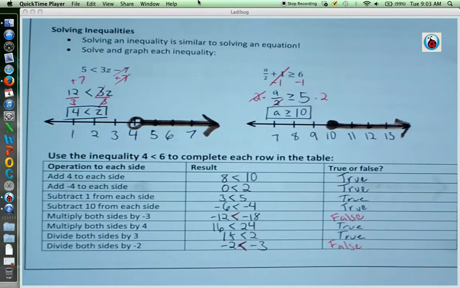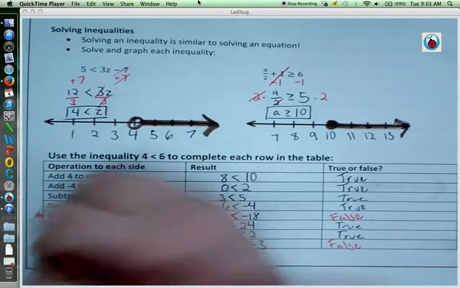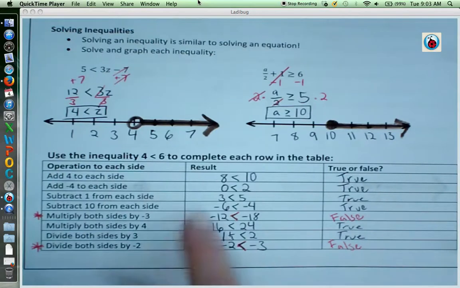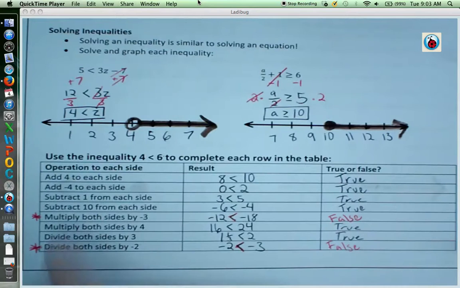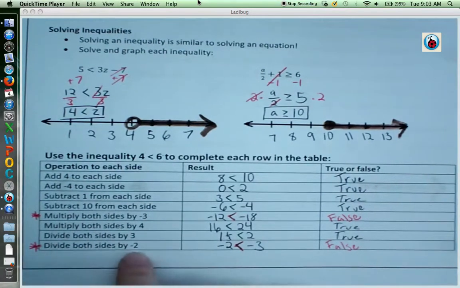So these are two situations where if we did this one thing to both sides, we end up with an inequality symbol that's incorrect. And you'll notice that there's a similar thing that we're doing to both sides here. If we multiply both sides by -3 or divide both sides by -2.